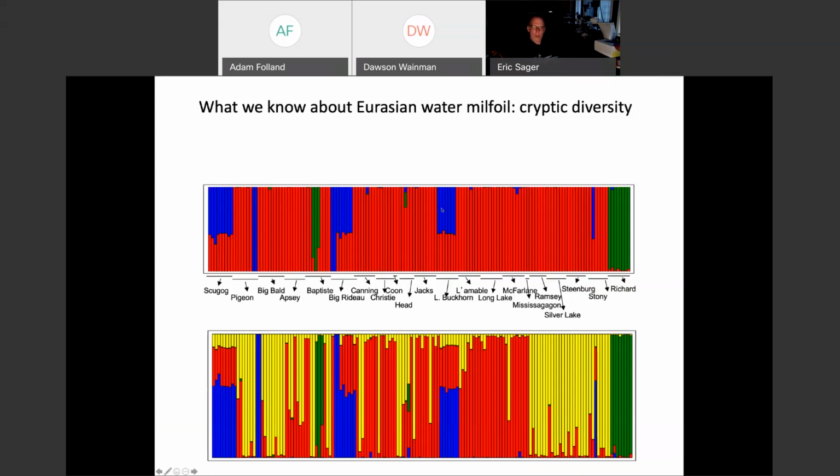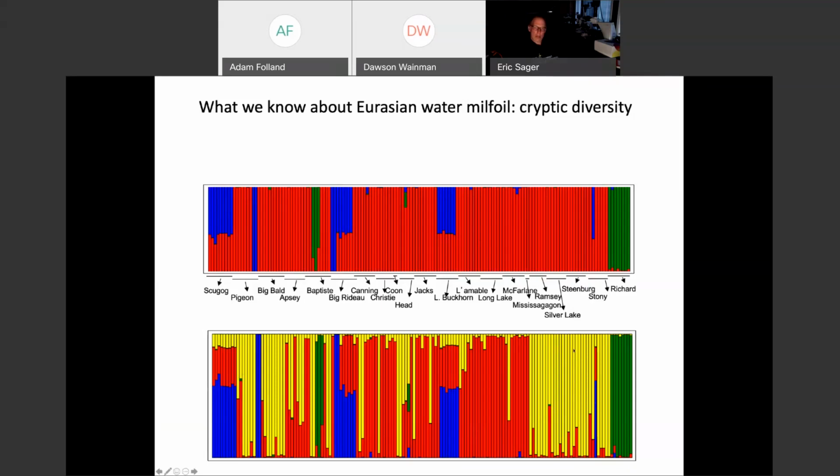And then those plants that have both blue and red are the hybrids, where the Eurasian water milfoil is hybridized with the native. But then we also, in Ontario, we didn't quite have enough data, but we have this suggestion that we have this third genotype or ecotype that's evolving, and that's this yellow one.